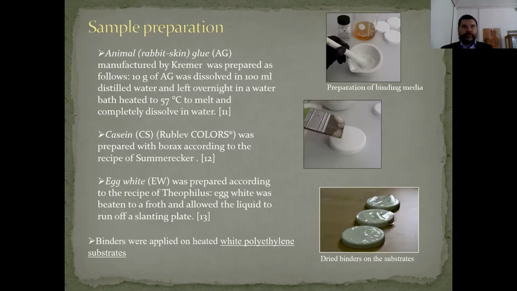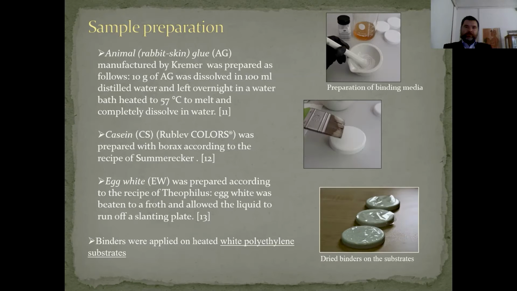Samples were prepared by the special recipes that are usually used in artwork. Rabbit skin glue was dissolved in distilled water, left overnight in water and heated to 57 degrees.